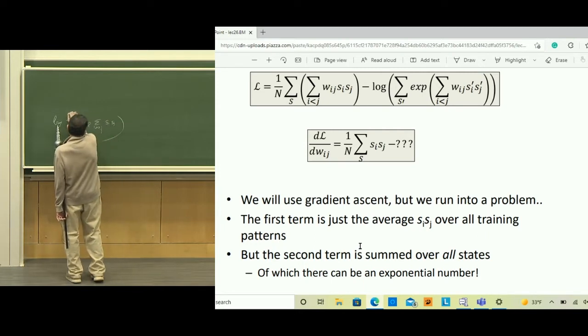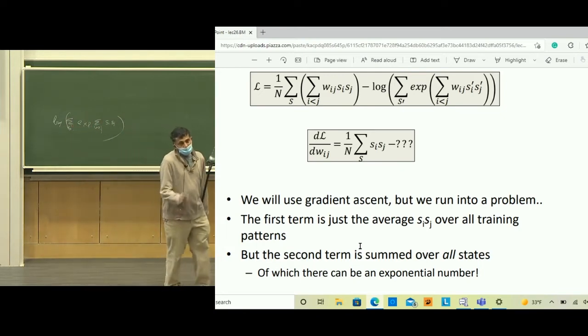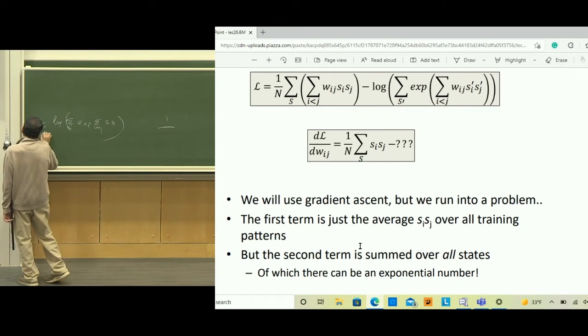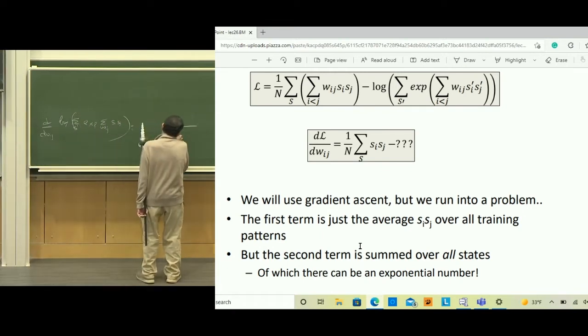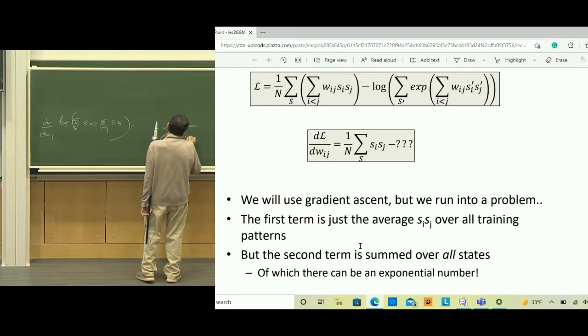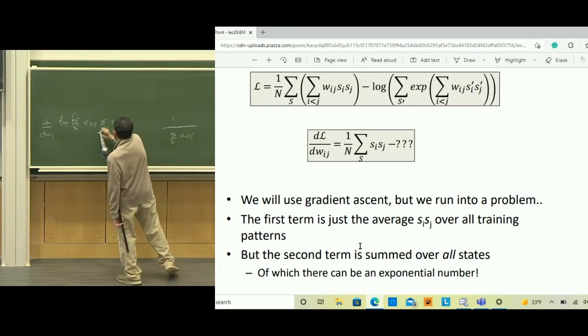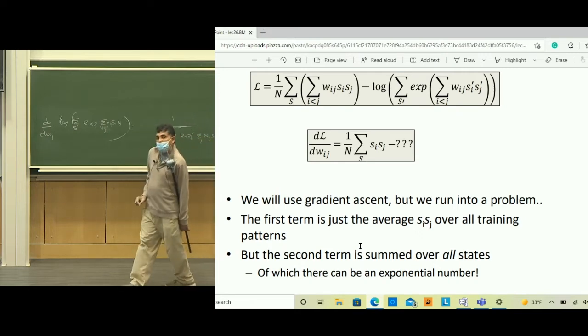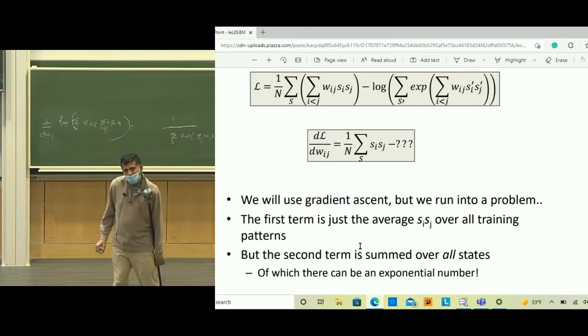If I take the derivative with respect to any particular wij, the first thing that happens is this entire term goes into the denominator as the summation over s prime of the exponent of the summation ij wij si sj, whatever this is, right? And then the numerator ends up with the derivative of the exponent itself. And if I just work this all out, I'm not actually going to work it out.